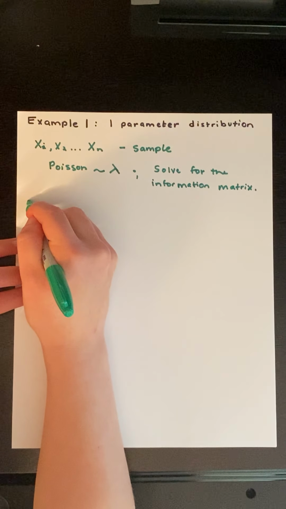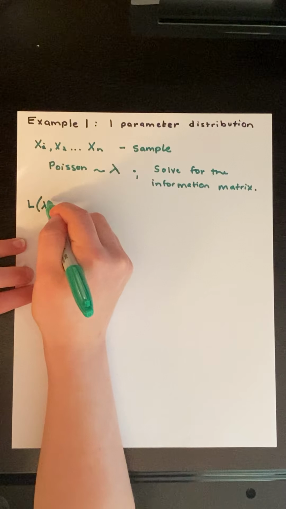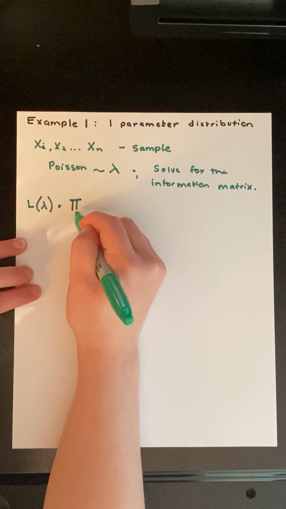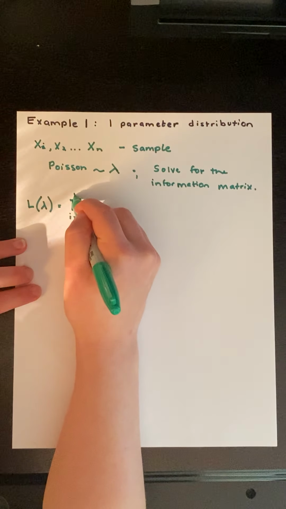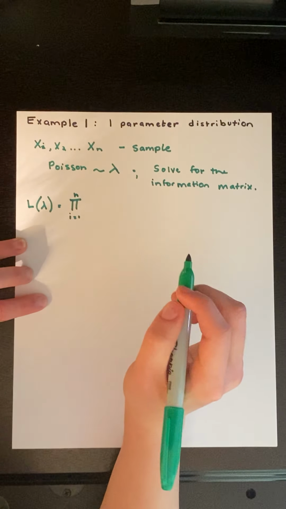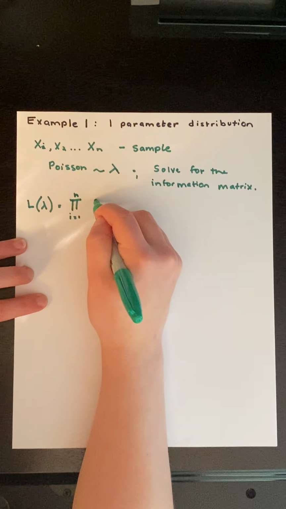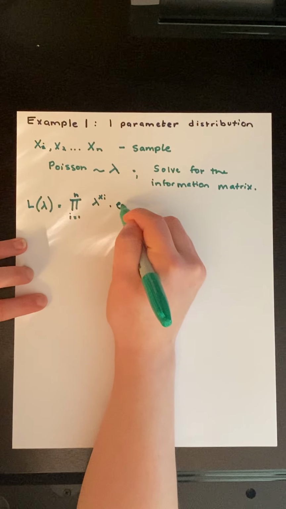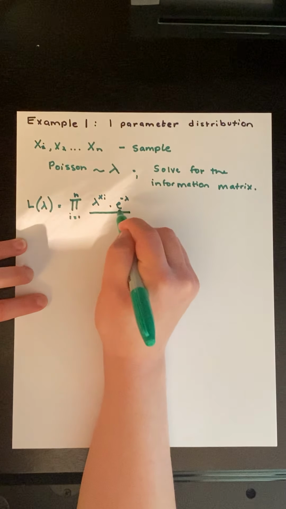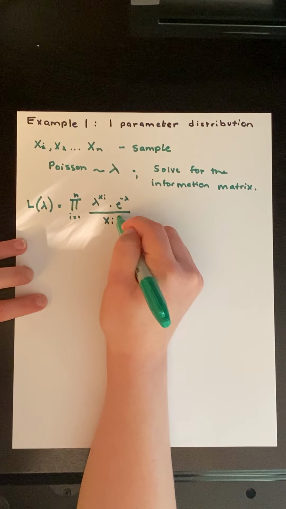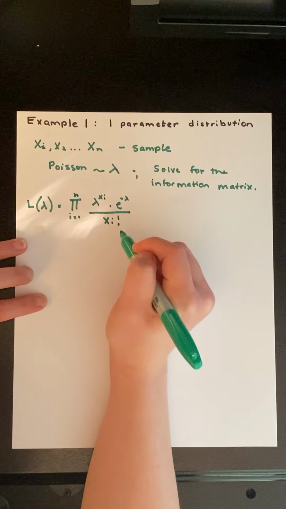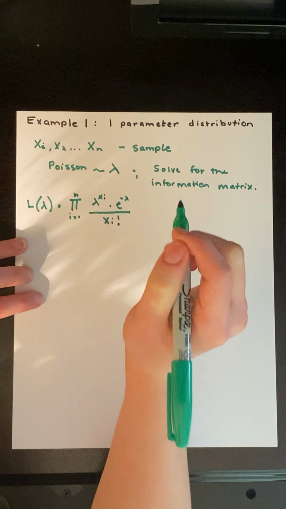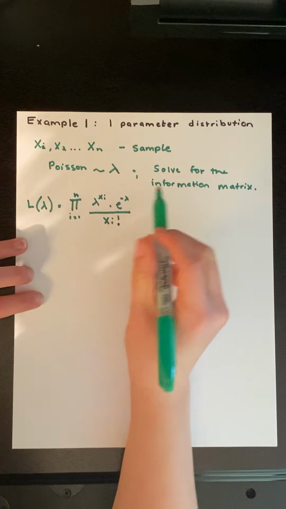Our likelihood function is given by L of lambda, and that is the multiplication from i equals 1 to n of our probability distribution function, lambda to the xi times e to the negative lambda all over xi factorial. We're going to break this up to make it easier.